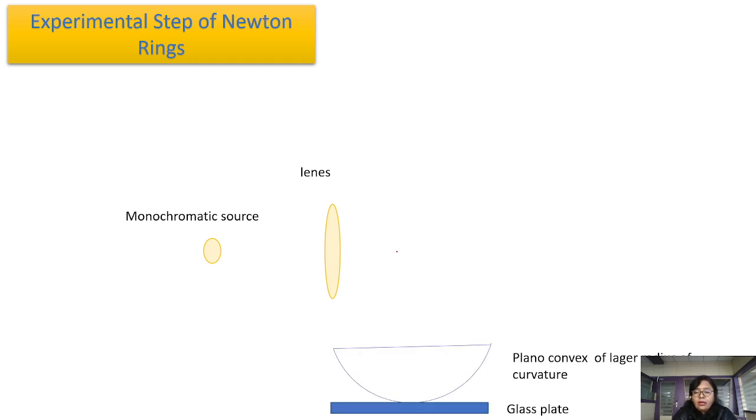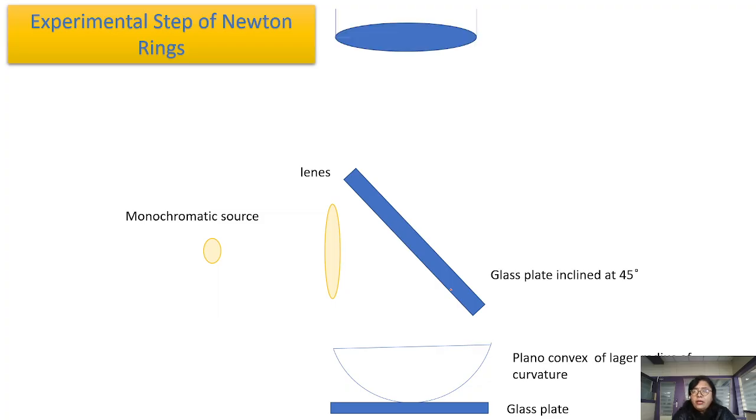And this is the glass plate and plano-convex lens of radius R, and then we incline a glass plate at 45 degrees with respect to the monochromatic light source, and over it we can place a traveling microscope. Okay, so this is the experimental setup for Newton's ring.